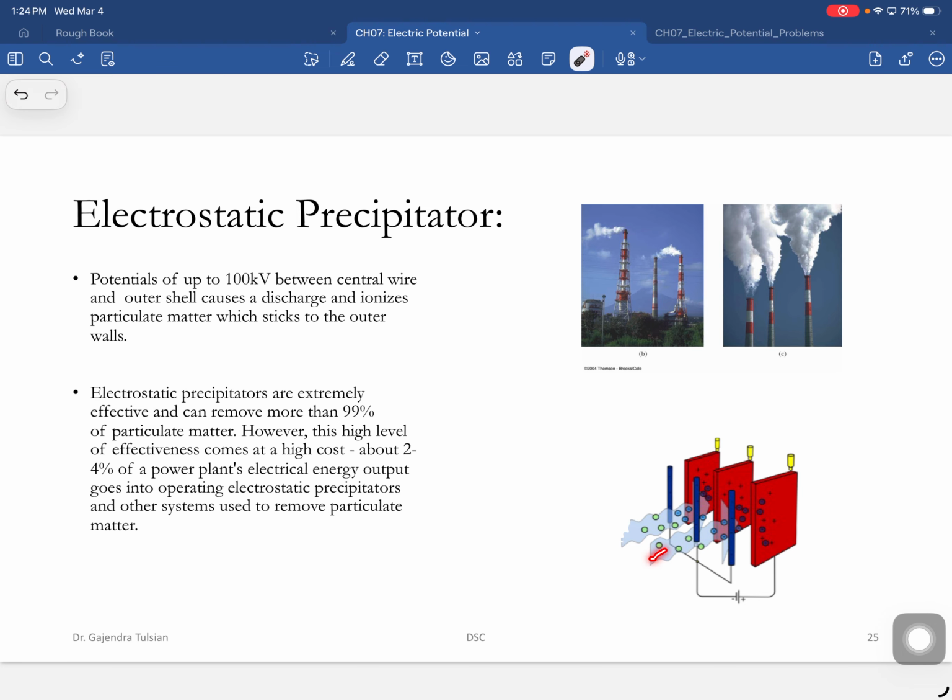If you pass this smoky air through it, these smoke particles will attract these electrons, become negatively charged, and then be attracted to the positive plates. You can remove 99.9% of these particles. And every once in a while, you shake these plates and drop the dirt.